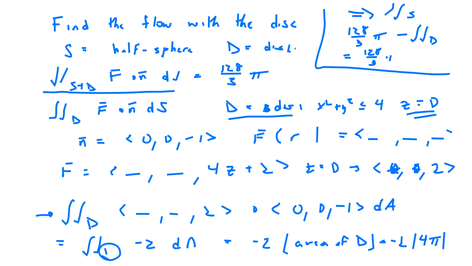And since it's the minus, we get a plus 8 pi. So we're subtracting, which in this case becomes positive because the flow down through the bottom is negative.